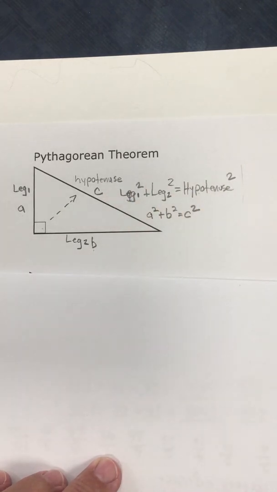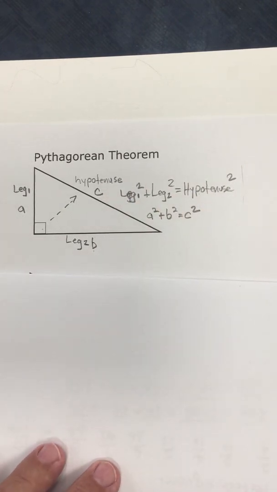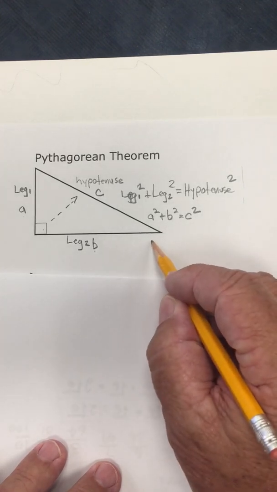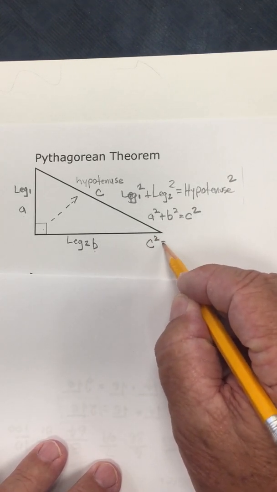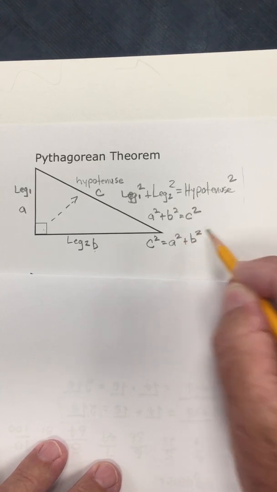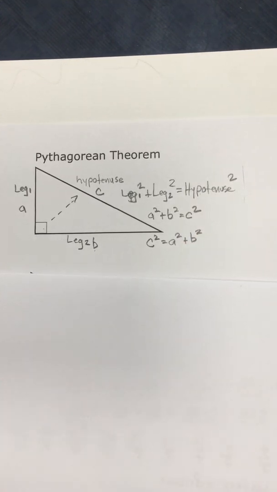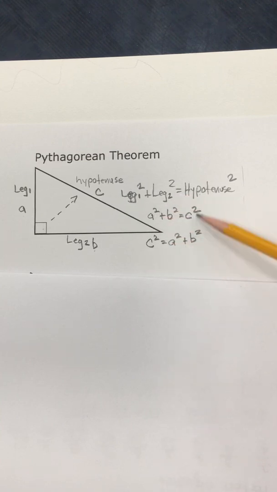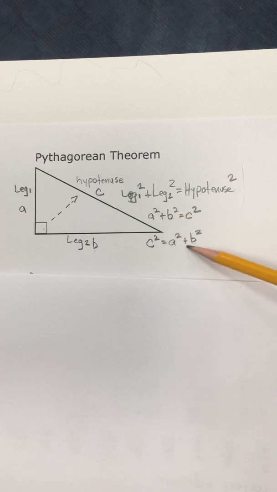Now in the book, it has C squared equals A squared plus B squared. And that's okay because if something equals something else, we can flip the sides around across the equal sign, and that's not a problem, because C squared still equals A squared plus B squared.